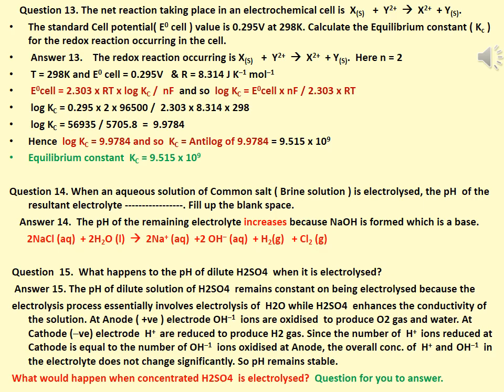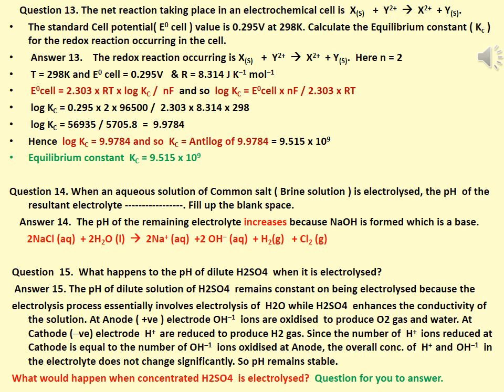X solid is getting converted to X2+, that means loss of 2 electrons. Y2+ is gaining 2 electrons and getting reduced to Y solid. So here N is equal to 2. Temperature is 298 Kelvin, E naught cell value is 0.295 volt, and R is 8.314 joules per Kelvin per mole.